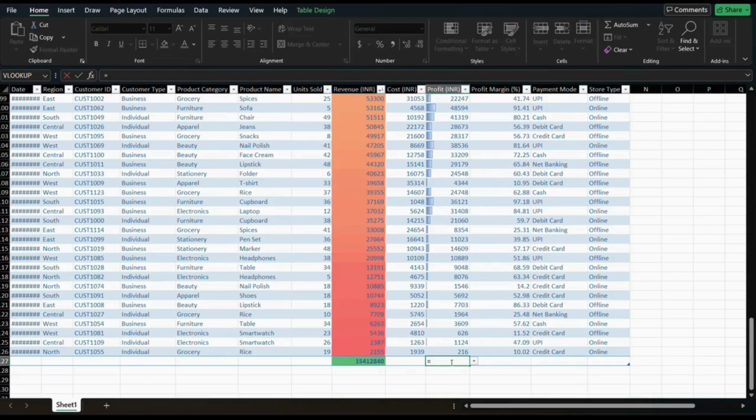Next, I am applying the average formula to find out the average profit per transaction. This helps me understand the typical profit level the company earns each time.